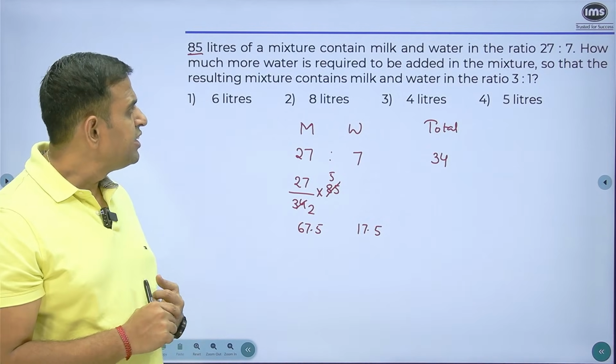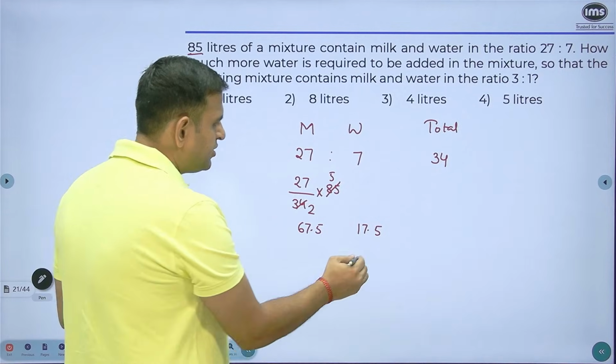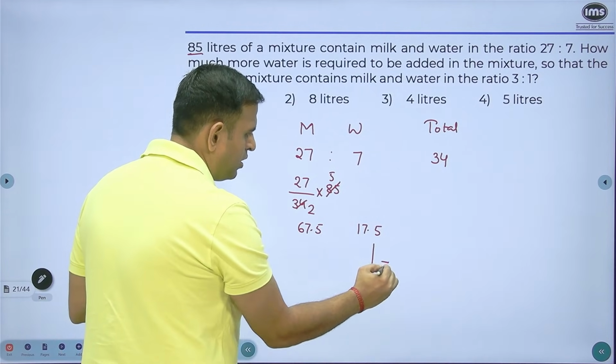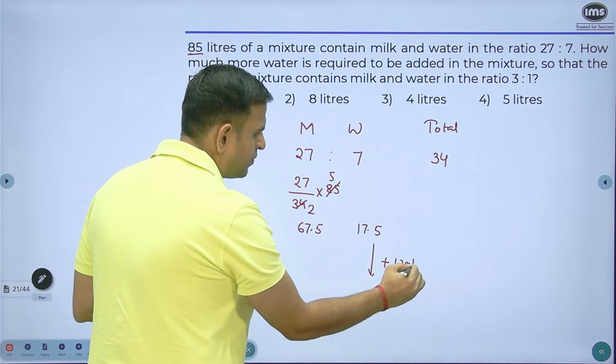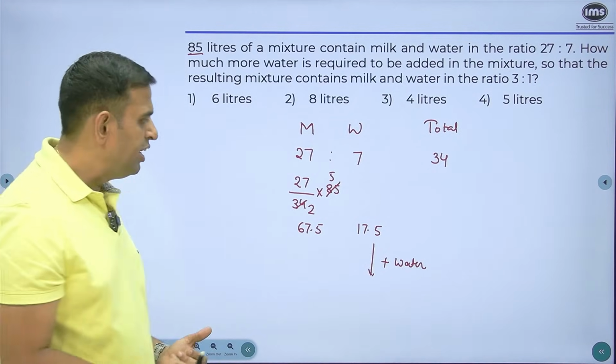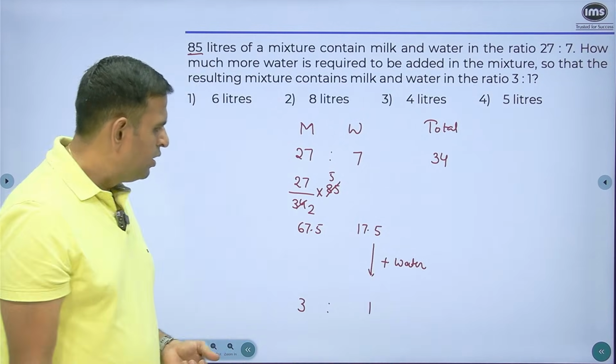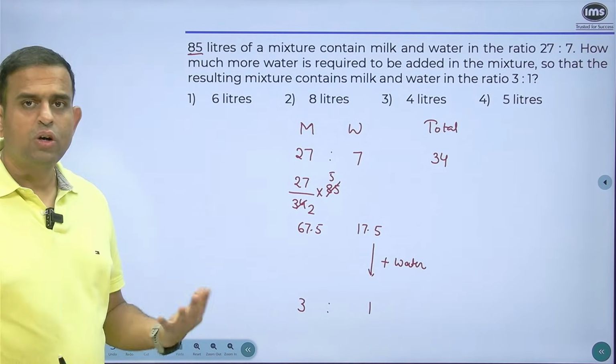Now, what they are saying is that you are adding some water now. So nothing was added in the milk part. You added some quantity of water, because of which the new ratio of milk and water becomes 3:1. Now understand the milk has not changed.